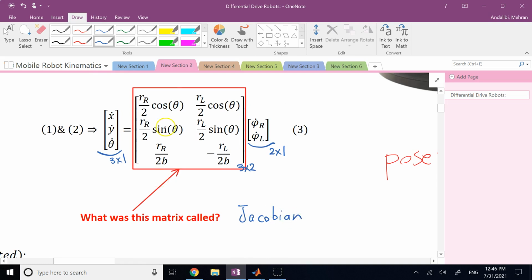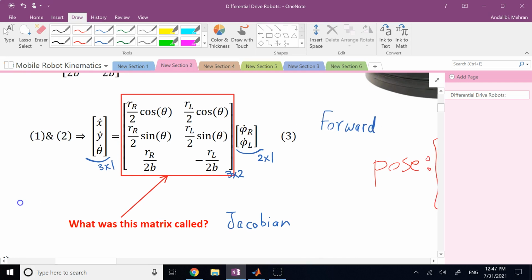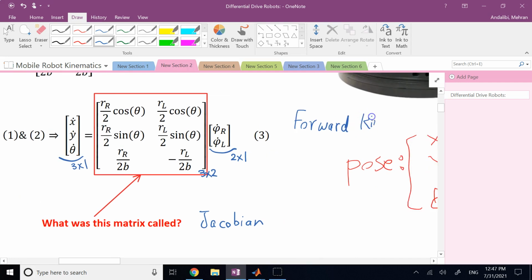And these equations are your what? What's the name of these equations that you get here? Yes, they are forward kinematics, but not forward kinematics, because forward kinematics is between phi right, left, and xy theta. These are between their time derivatives. So let's see if you remember their names. Yes, you are right.